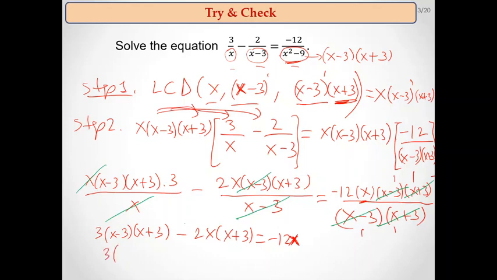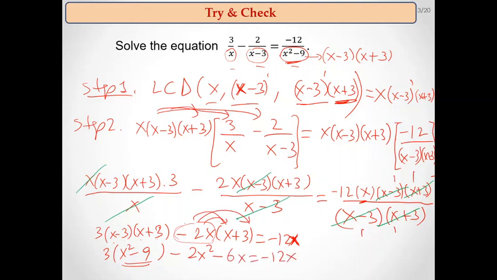Now 3 times x squared minus 9. Do you remember what I wrote here? a plus b times a minus b, a special product formula. And I do 2x squared, and then here minus. Okay, be careful, I'm multiplying with this and this, so it'll be minus 6x equal to negative 12x.